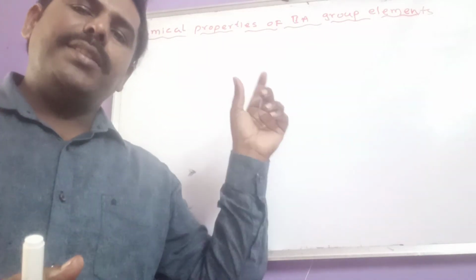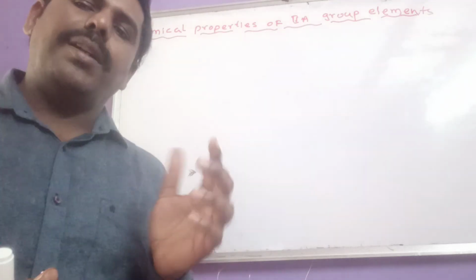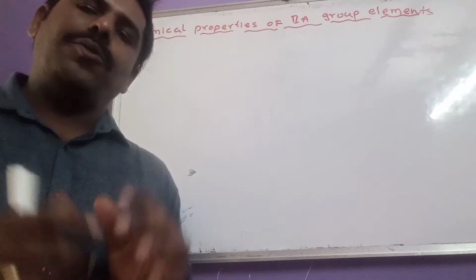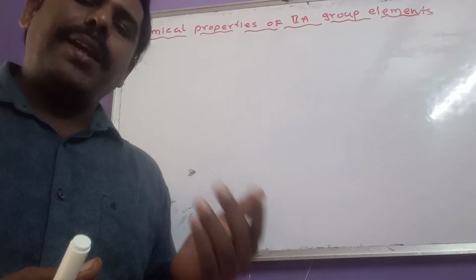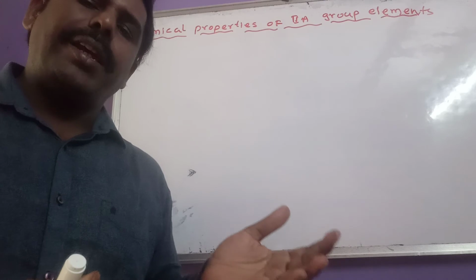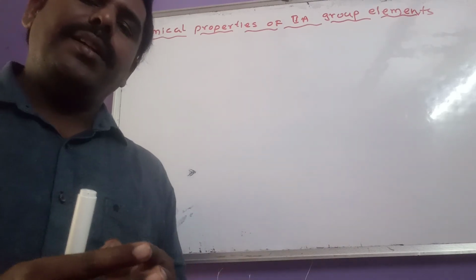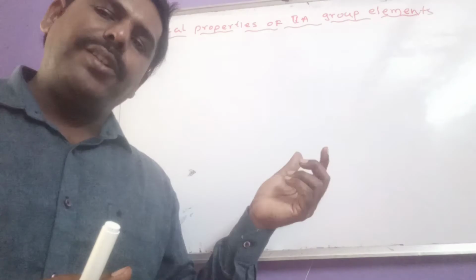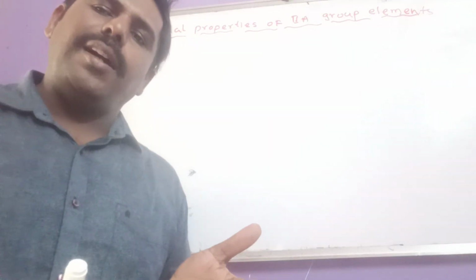That means the stability of carbonates increases from top to bottom, but solubility decreases from top to bottom, because as size increases, stability of carbonates increases, meaning crystal lattice enthalpy dominates over heat of hydration. For this reason, solubility decreases from beryllium carbonate to barium carbonate.